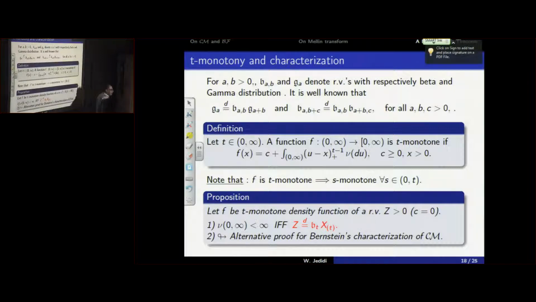F is n-monotone. What does it mean? It's like the first concept: the derivatives alternate until stage n. In the first part of the talk, n was infinity. Then a function is convex if it's two-monotone. It's decreasing if it's one-monotone.